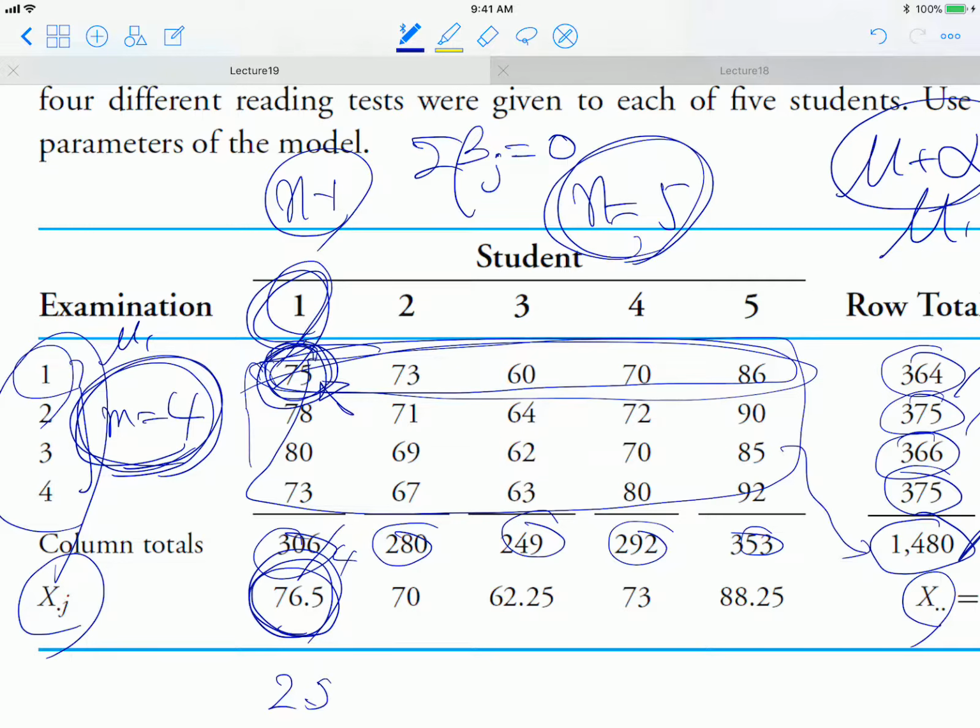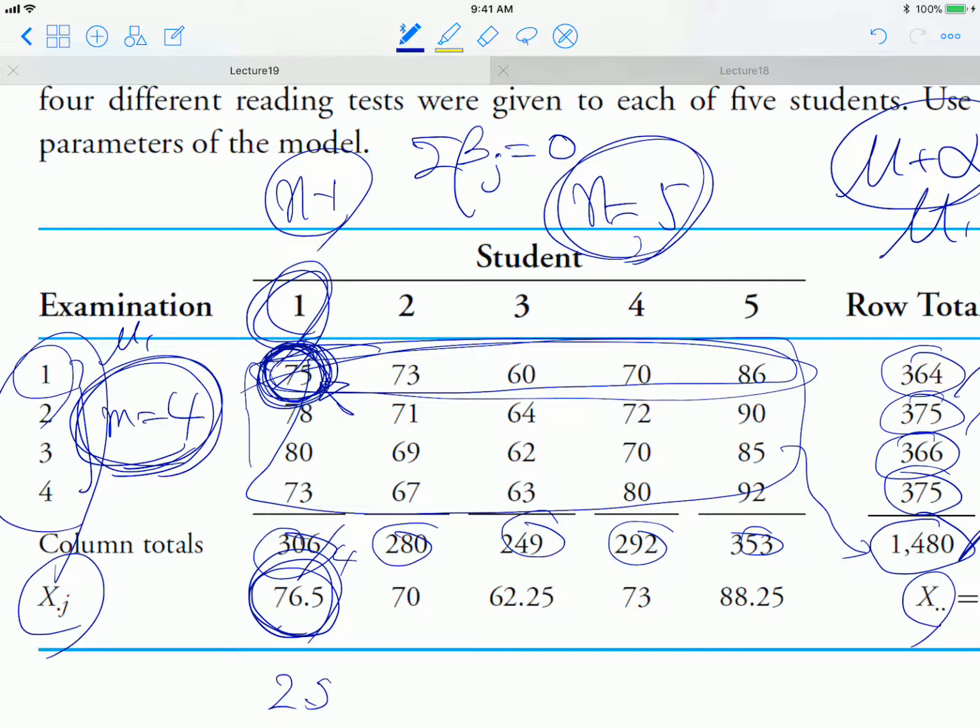I cannot explain well why we have to consider this situation, but let's just consider it as a more general case. So not just one observation, we have multiple observations within each cell.